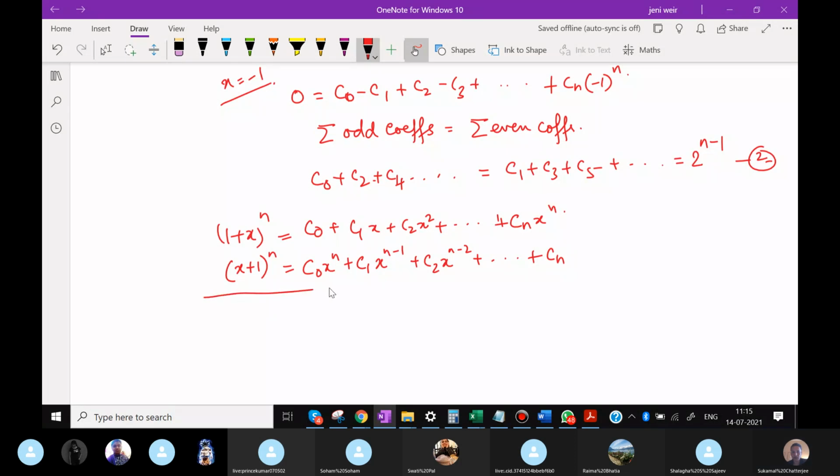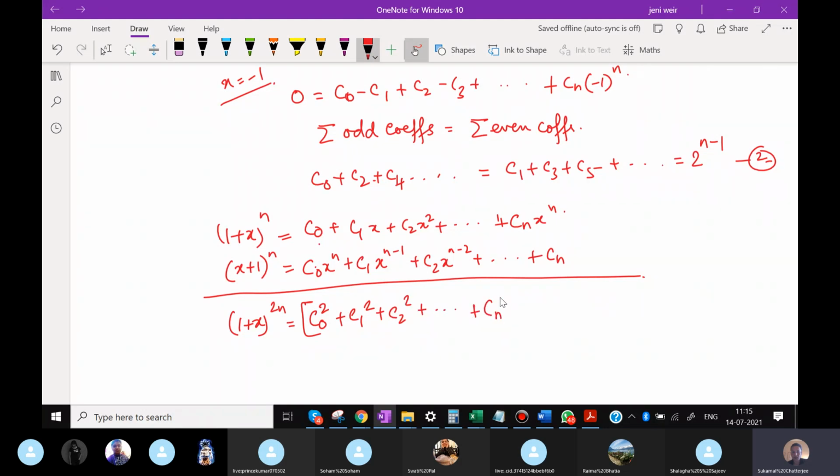Then if I multiply these two, I get (1 plus x) to the power 2n equals, taking the terms which are the coefficient of x to the power n, C0 into C0, which is C0 square, plus C1 into C1, which is C1 square, plus C2 square, all the way up to Cn square, into x to the power n plus other terms.